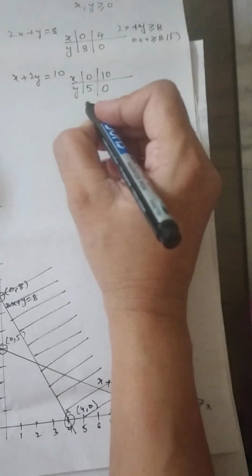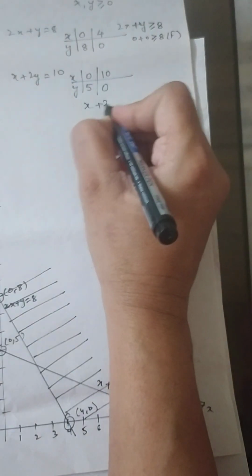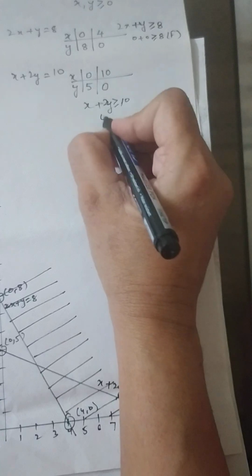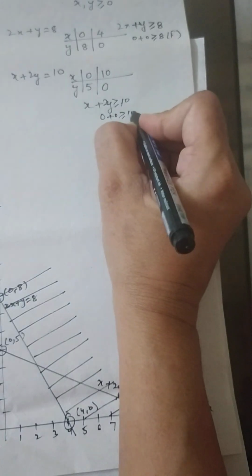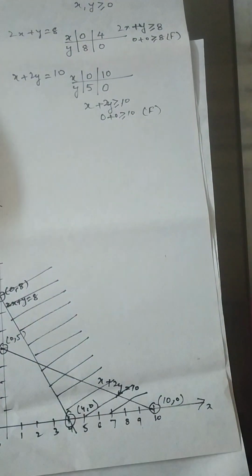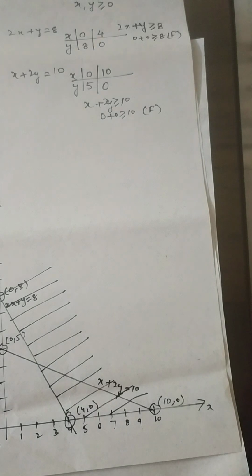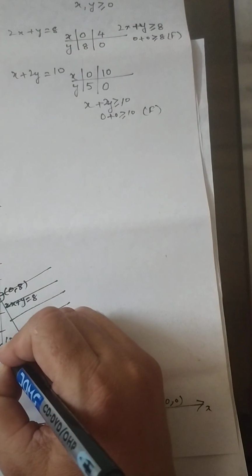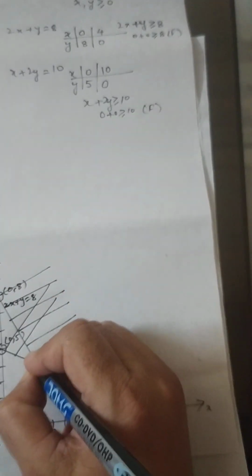And again here x plus 2y is greater than or equal to 10. So if we put the 0, this is again false. So again the shading would be away from the origin, in this direction.